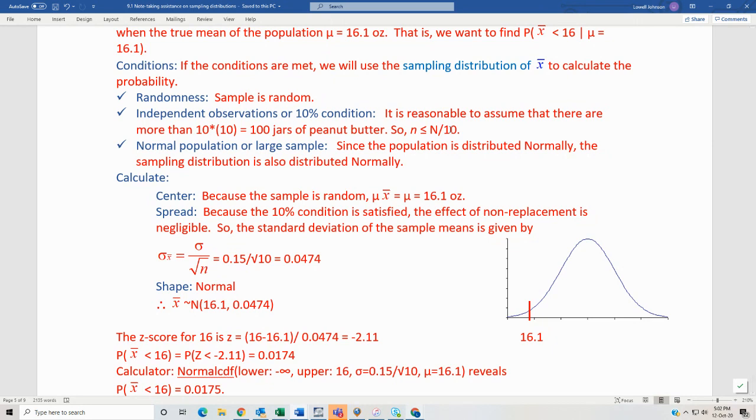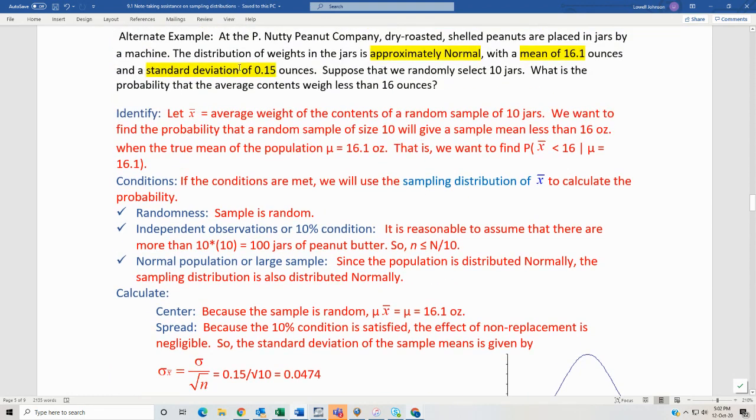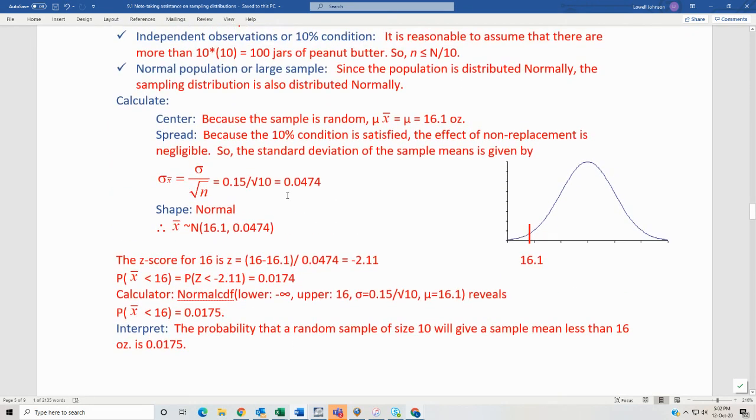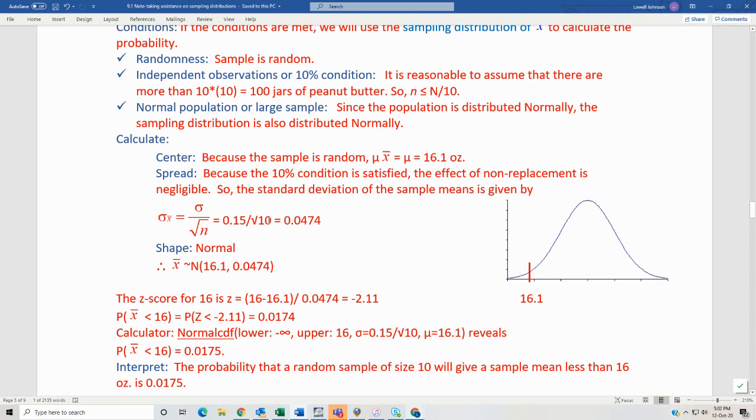We just want to find out what the center, spread, and shape of our sampling distribution of X bars is. Because the sampling was random, the mean is equal to 16.1. Because the 10% condition is met, we can use the formula for standard deviation of X bars. So I plug in my numbers. I take my population standard deviation of 0.15 and divide it by the square root of 10. That gives me a standard deviation of 0.0474.